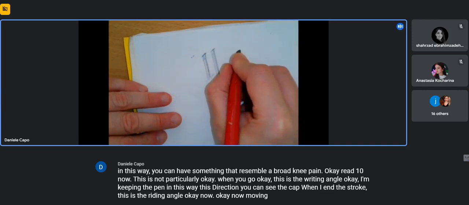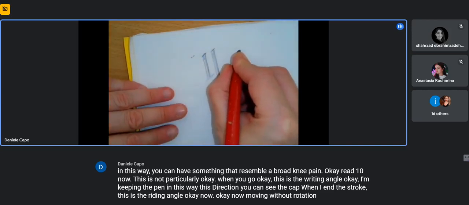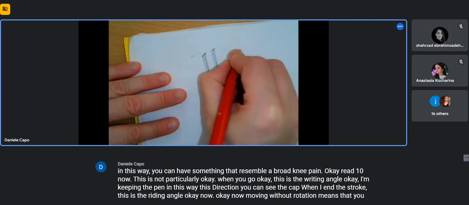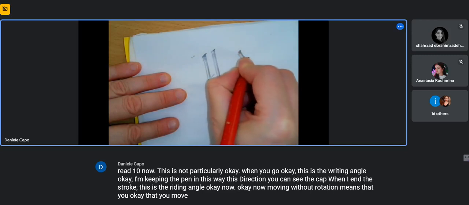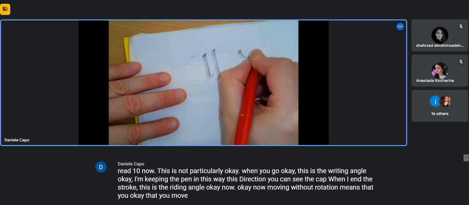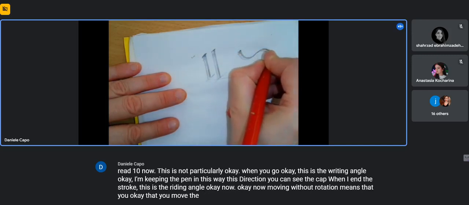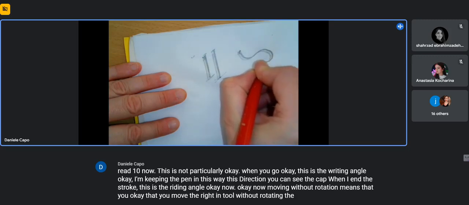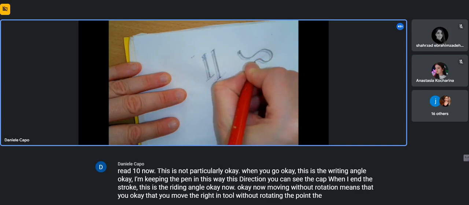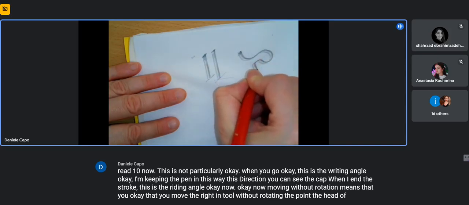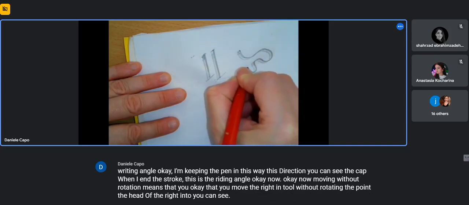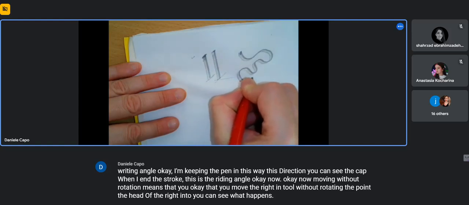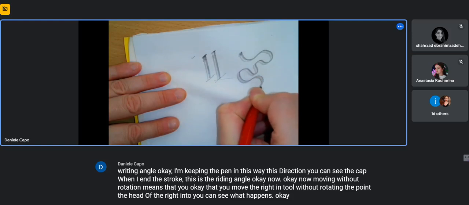Moving without rotation means that you move the writing tool without rotating the point, the head of the writing tool. You can see what happens.